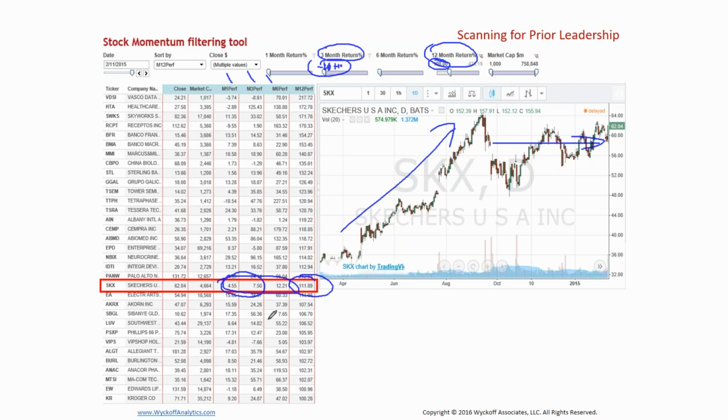You're not looking for the progression. You're looking for the consolidation to find points of entry. And Skechers was one of those stocks that fell into this on this particular day as I was doing this scanning. This particular stock came up, and we're going to use this stock for some of the ideas here.